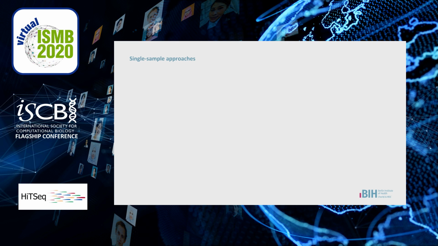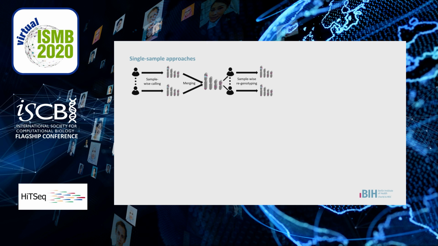So, what exactly are the differences between joint and single sample calling approaches? For the single sample approaches, the calling is performed per sample. Then, the individual call sets are merged to a combined call set, which is then used for the sample-wise regenotyping. The resulting VCF files then have to be pasted into a combined call set of the final variants. This has several drawbacks.